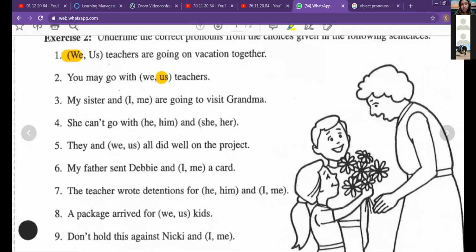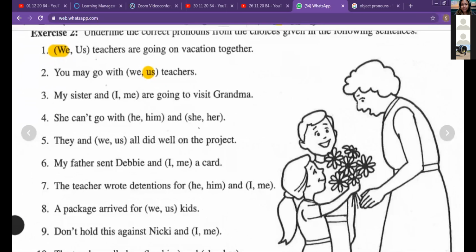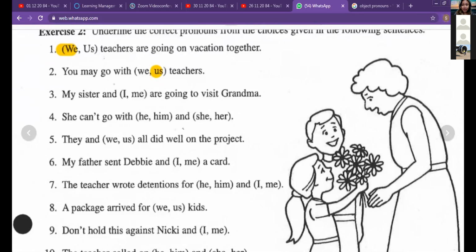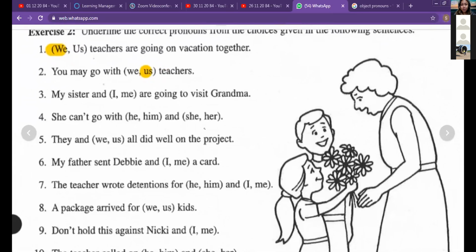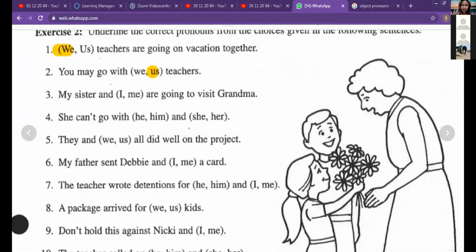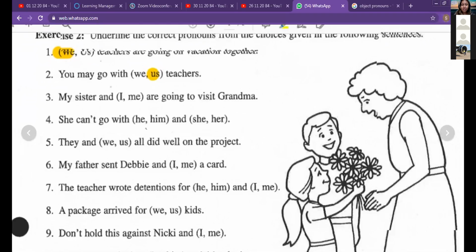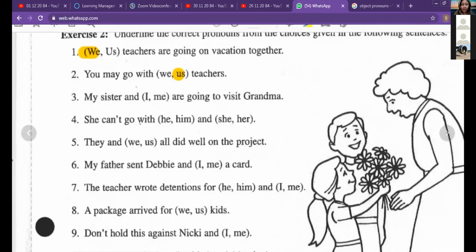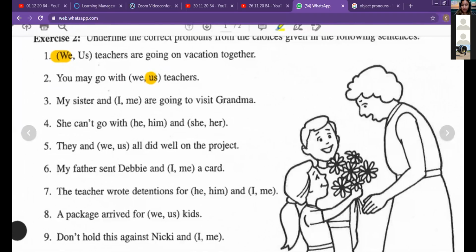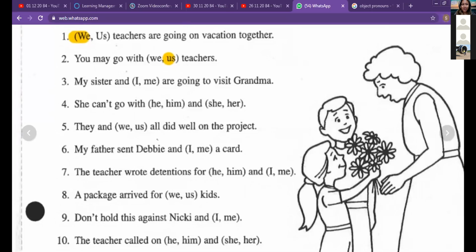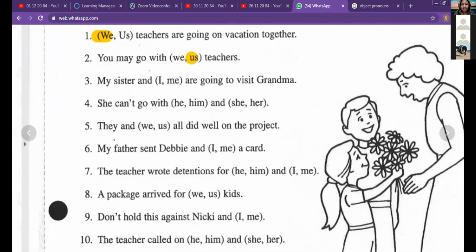So with him and her. In this case, we're not identifying people. These two pronouns are receiving an action. So we say she can go with him and her. Very good.